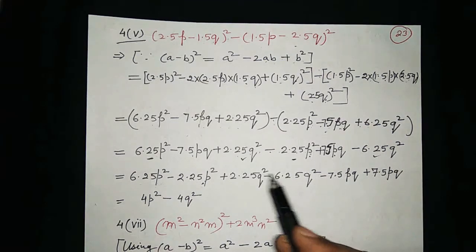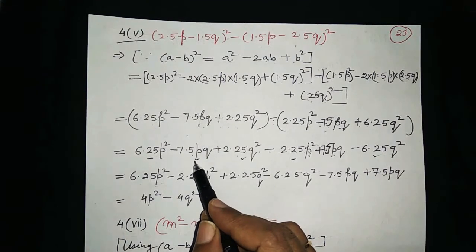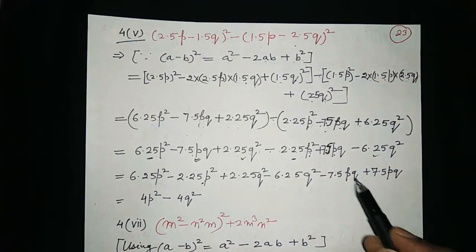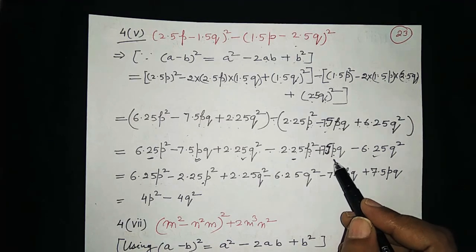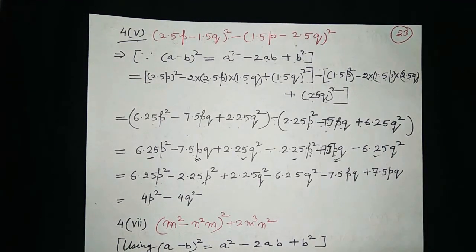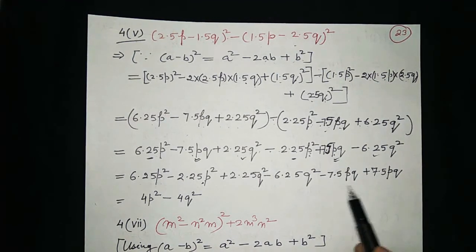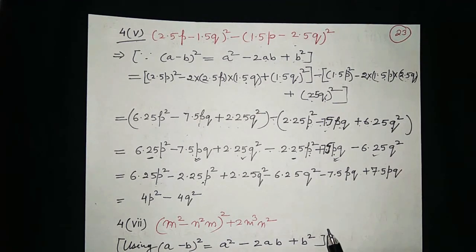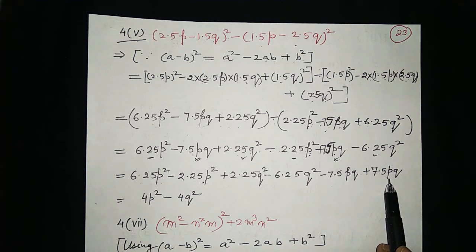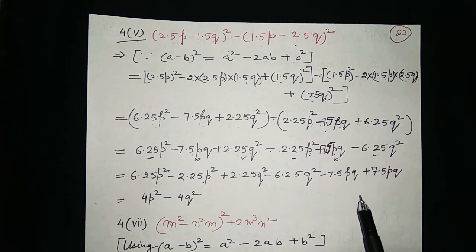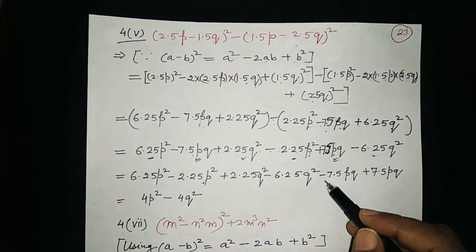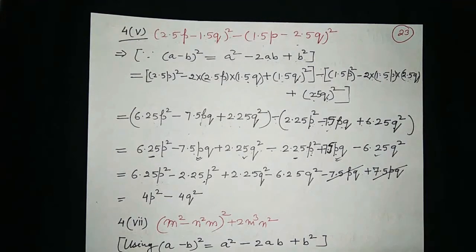Now this 7.5pq left. And here also plus 7.5pq left. Okay. So both we will write with the correct sign. Here minus 7.5pq, here plus 7.5pq. Now here minus 7.5pq and plus 7.5pq, you can solve and you will get 0.